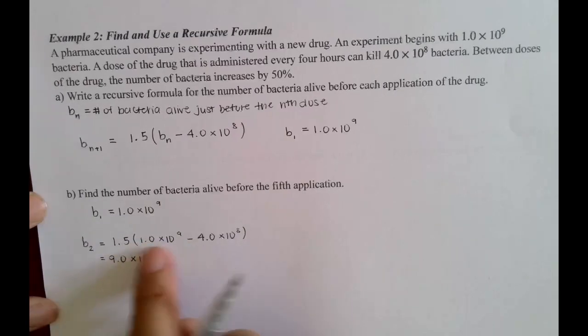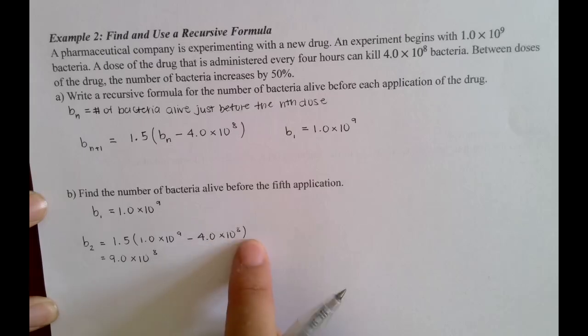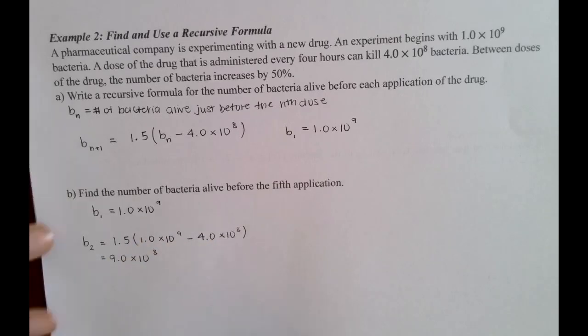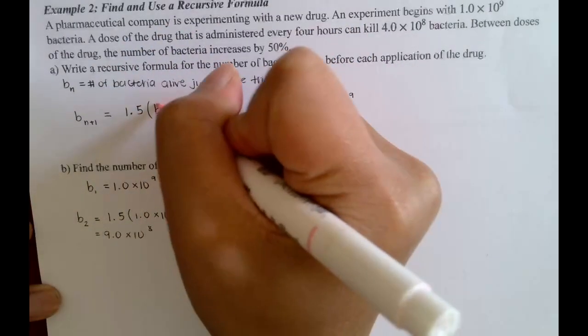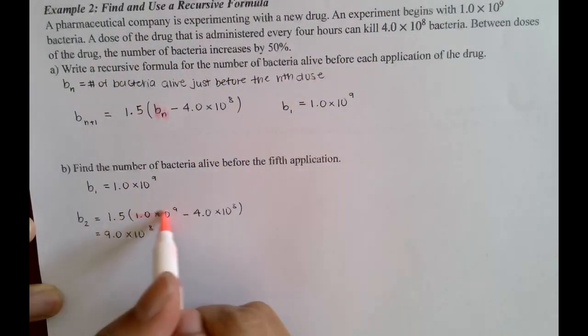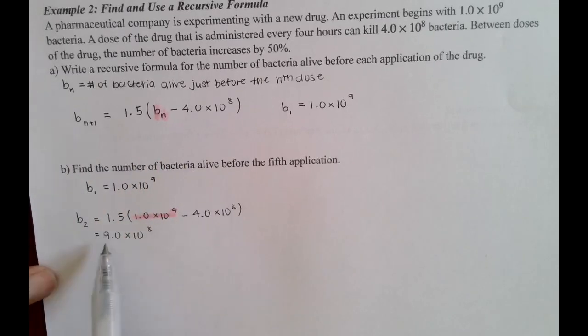Okay. We did this, entered it into our calculator, 1.0 times 10 to the 9th minus 4.0 times 10 to the 8th, and then multiplied it by 1.5. Okay. Right. So note how I took the previous term and plugged it in. Okay, so right before the second dose, this is how many there are. Okay.